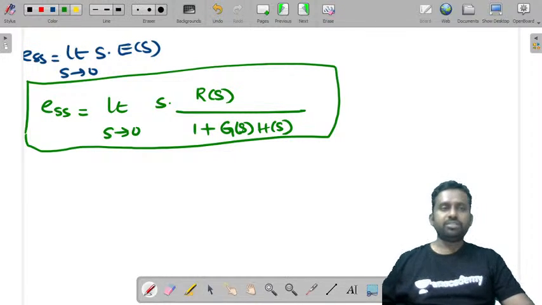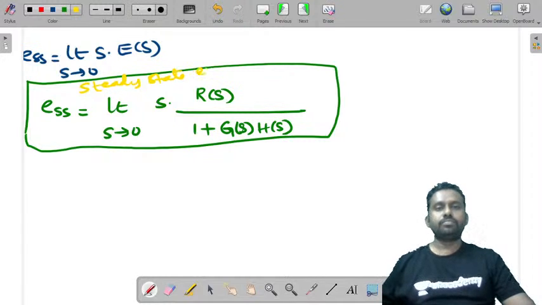So with this expression of steady state error, good to see you all again for this lecture on steady state error. Hope this is a useful session for you all. So this is the steady state error expression.